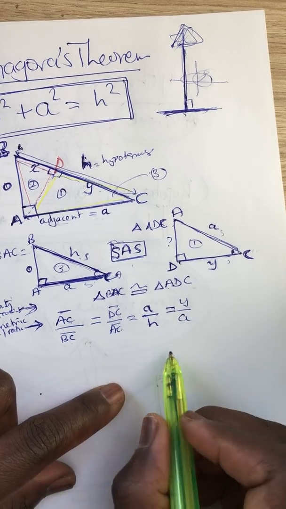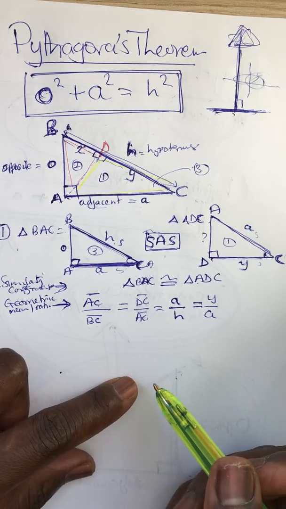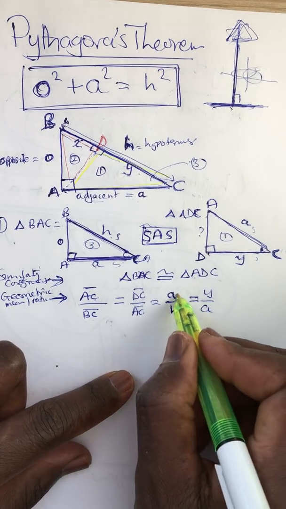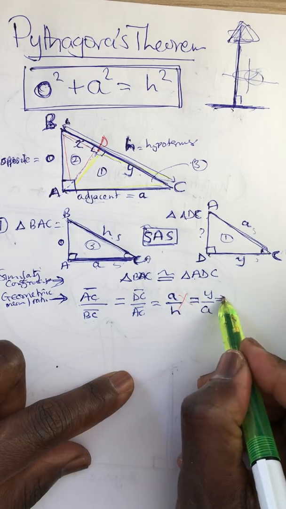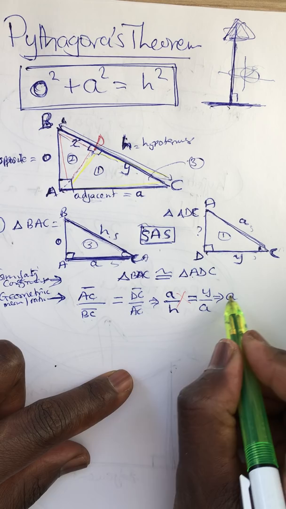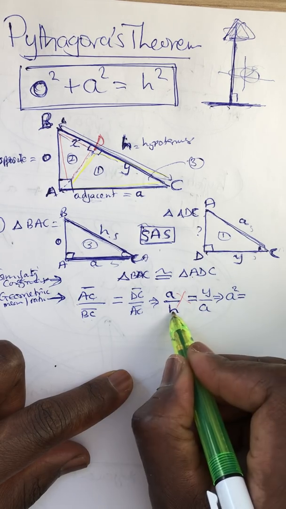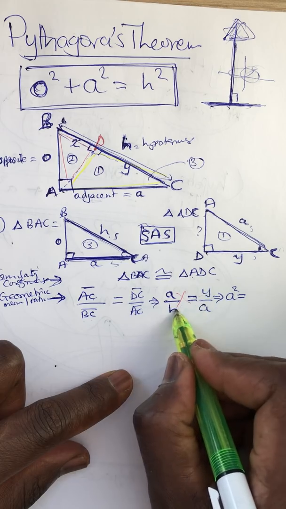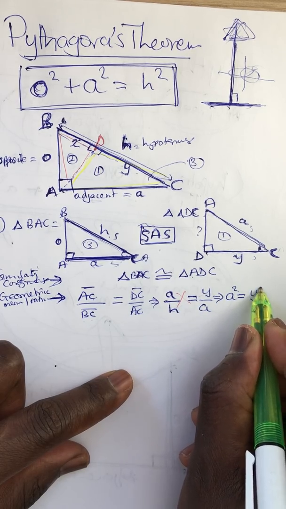Now from here, you need to do cross multiplication. So you cross multiply and you get a squared, because a times a is a squared, which gives us y times h, which is yh.